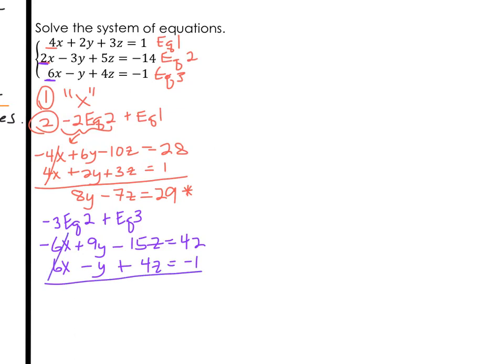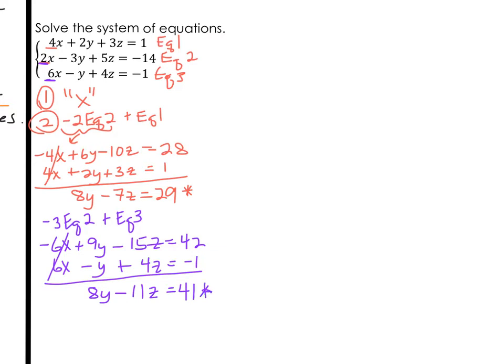Notice the x's eliminate again, which is what we wanted. We want to eliminate the same variable 2 times. I have 9y minus y, so that gives us positive 8y. -15z plus 4z gives us minus 11z. And then 42 minus 1 is 41. There's our second part for our smaller system.